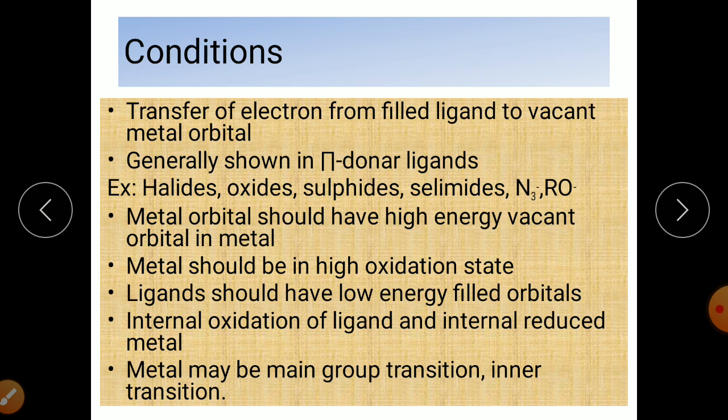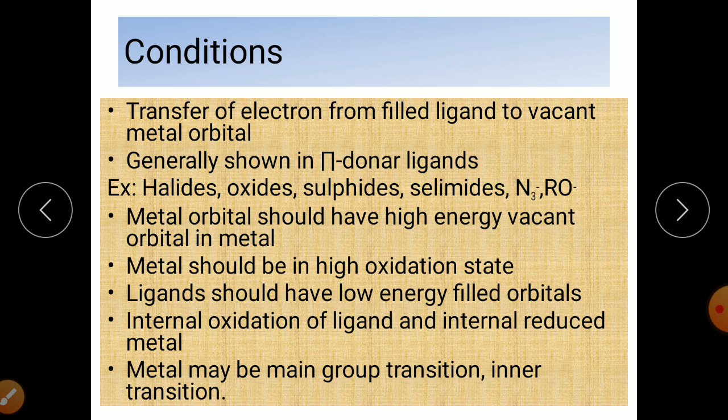So what are the conditions required for LMCT? The first point is the transfer of electron from filled ligand to the vacant d orbital. It means the ligands are fully filled orbitals and the metals have either vacant orbitals or partially filled orbitals, so one of the degenerate orbitals should be empty.